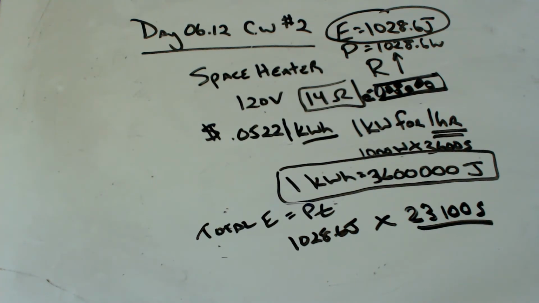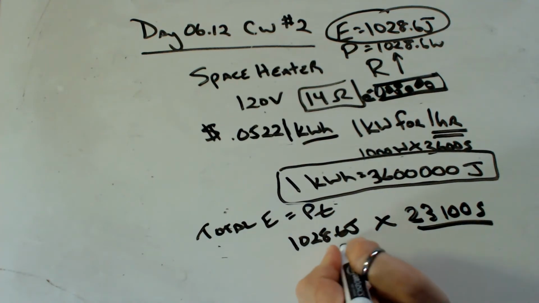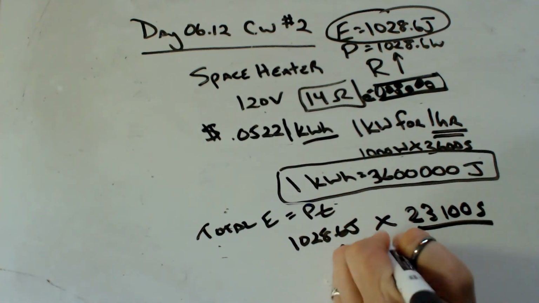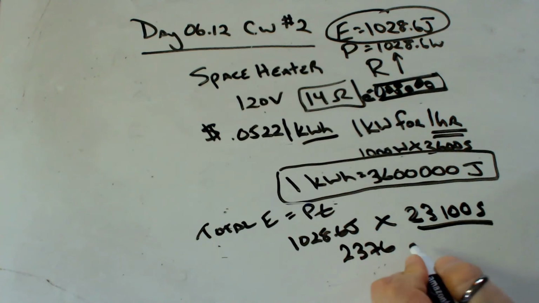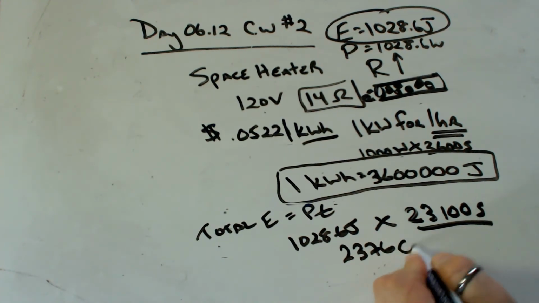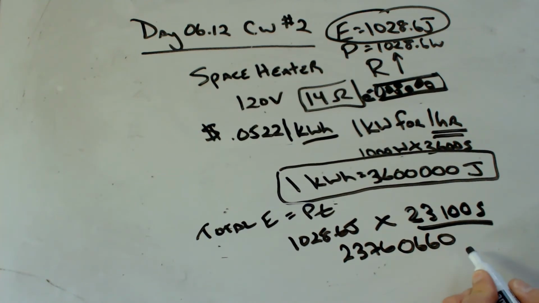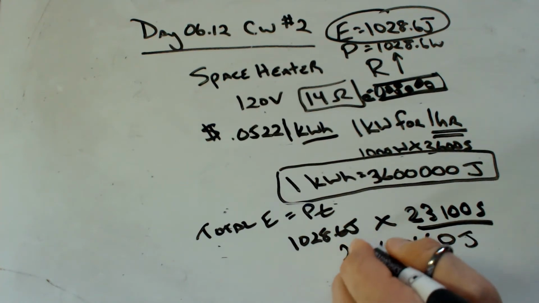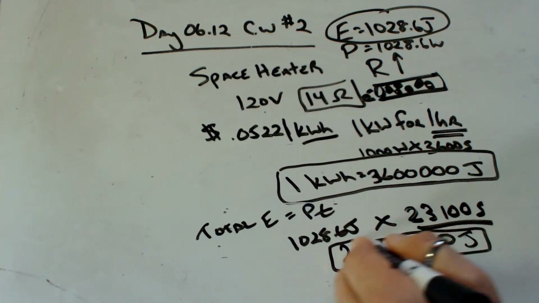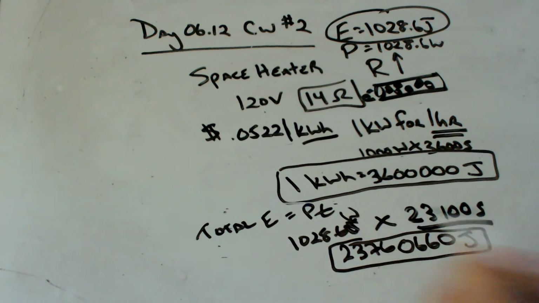So times 23,100, and we get a huge number, 23,760,660 joules of energy. And here this should have been watts, because watts are joules per second, and joules per second times seconds gets you joules at the end.